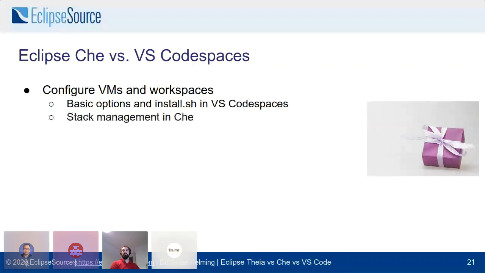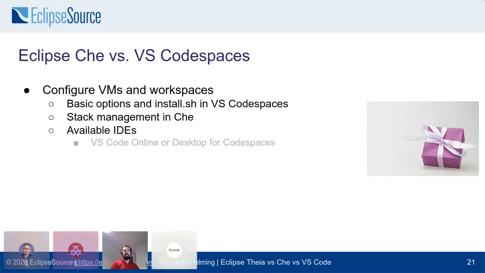So you can configure and manage stacks that provide a certain template for your development. So, for example, you can say, I want to develop in Java based on Spring Boot with a Postgres database and also TypeScript. And then basically Che configures the respective development environment. You can save those, you can share them with others. So it's a little bit more sophisticated compared to GitHub Codespaces.